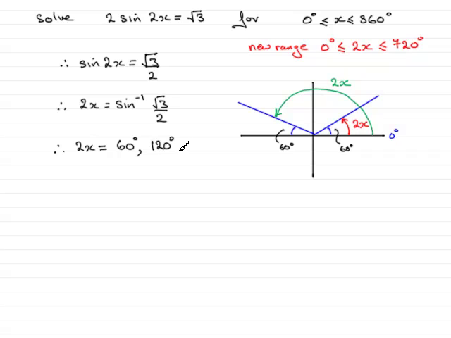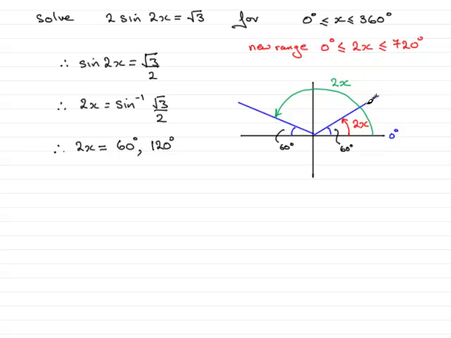Quite a lot of people just stop at this point. They think that they've got to be restricted to 0 to 360, and that's where people lose out on solutions. But we've scaled it up, we've doubled the x, and we've got a new range. So we can actually go further around this diagram. If we go back to this blue line here, which had an angle of 60 degrees, we can go round from there another complete turn.